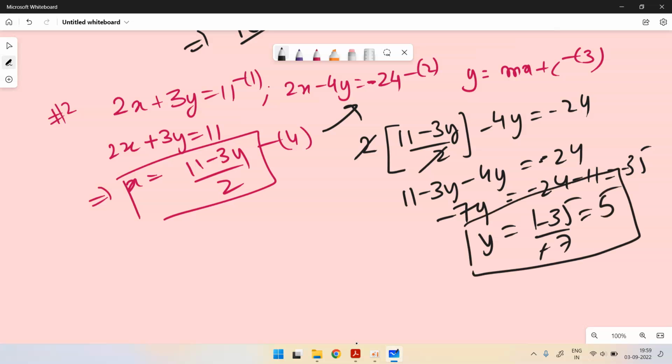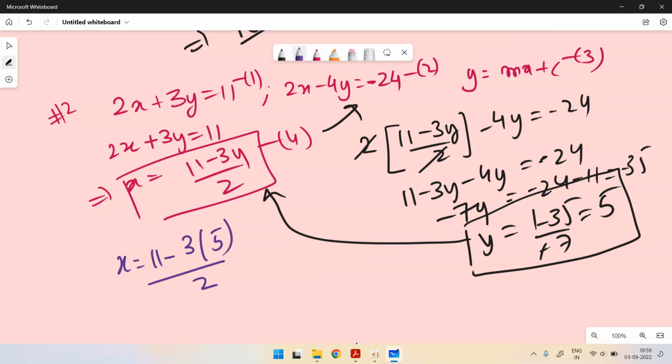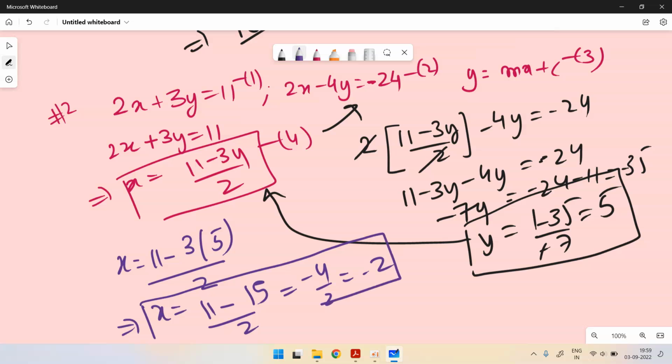If you substitute the value 5, x is 11 minus 3 into 5 by 2, which is 11 minus 15 by 2, minus 4 by 2, which is minus 2. So the value of x is minus 2.